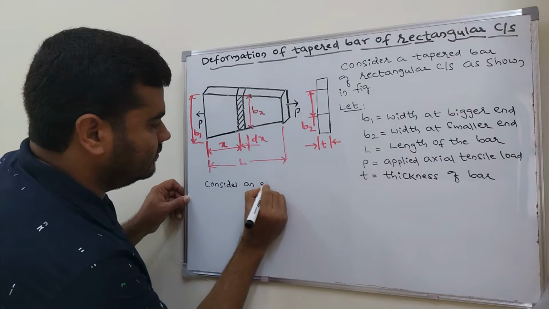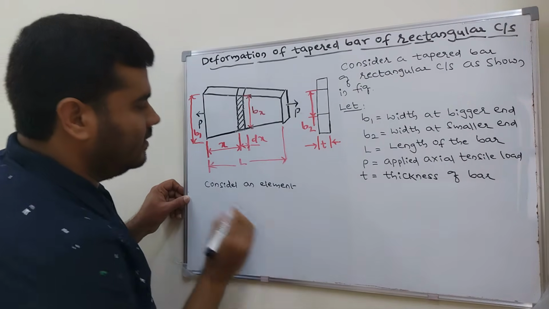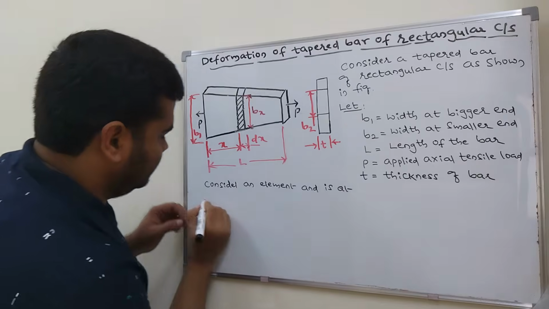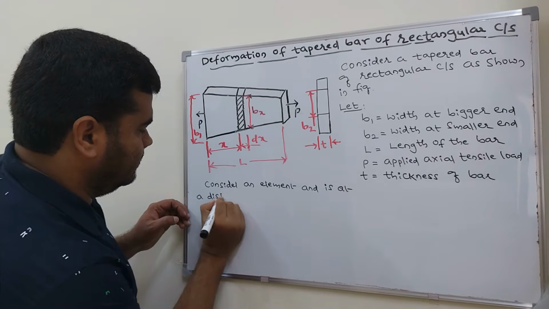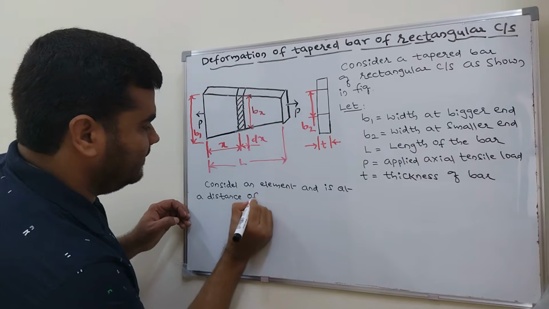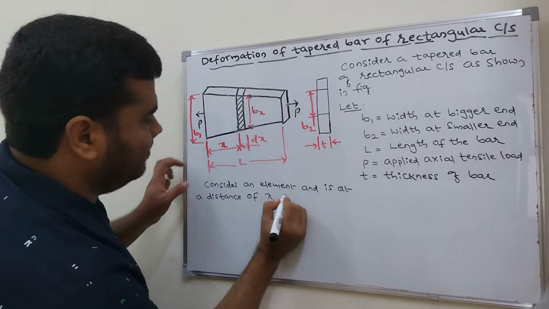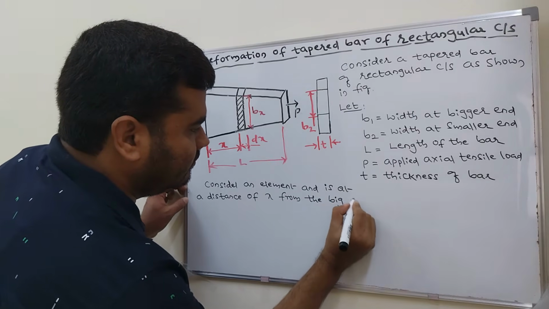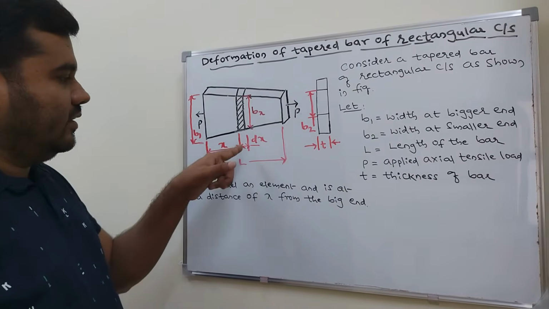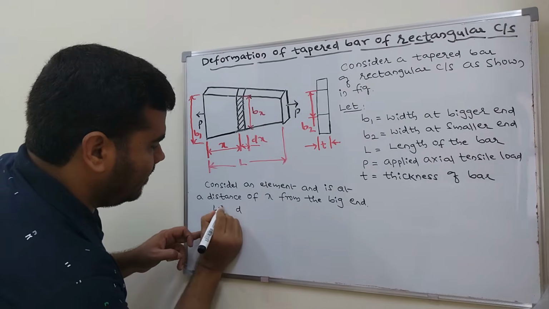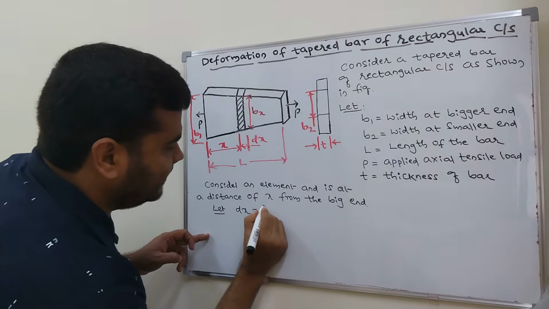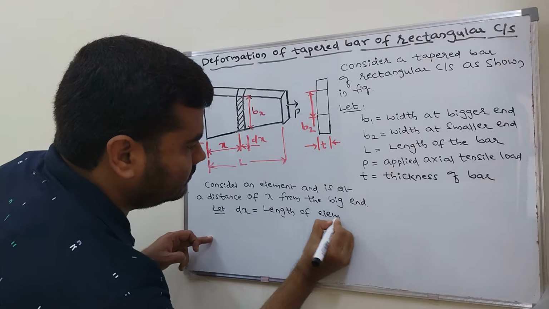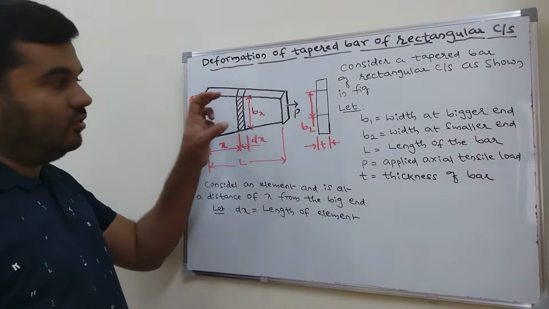Okay. So now consider an element at a distance of x from the big end. Let dx equal to the length of the element. And what about bx?